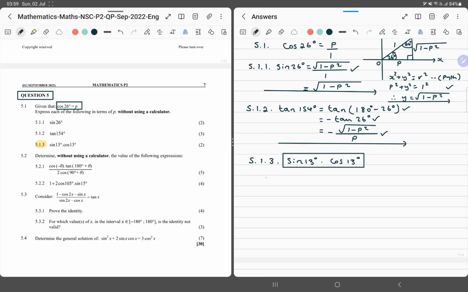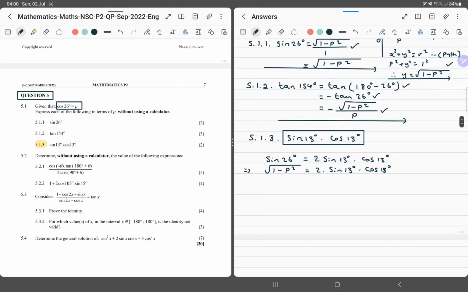So to start off, we know that sine 26 degrees is going to be 2 sine 13 degrees times cos 13 degrees, the double angle identity for sine. What did we get for sine 26? We got the square root of 1 minus p squared, which is equal to 2 times sine 13 degrees times cos 13 degrees. Easy stuff.